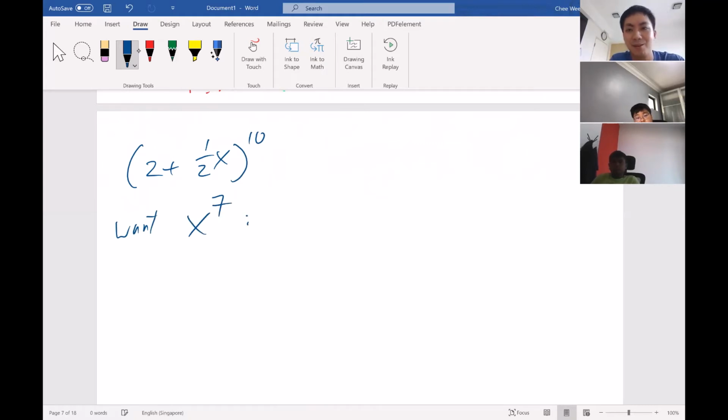Okay, what do you think x power 7 should look like? Then you will do power 4.